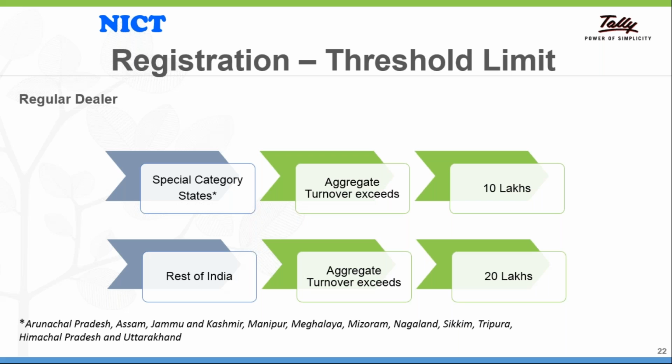Ma'am, what is the threshold limit? Threshold limit means the ultimate limit. Like if his turnover is more than 10 lakhs, threshold is the line. You can just say maximum line. Ma'am, is it 10 lakhs of the income they earn?